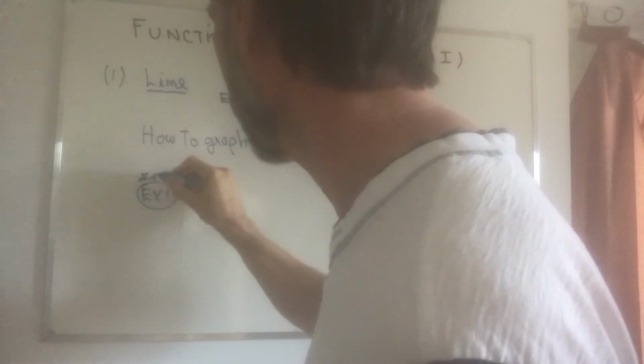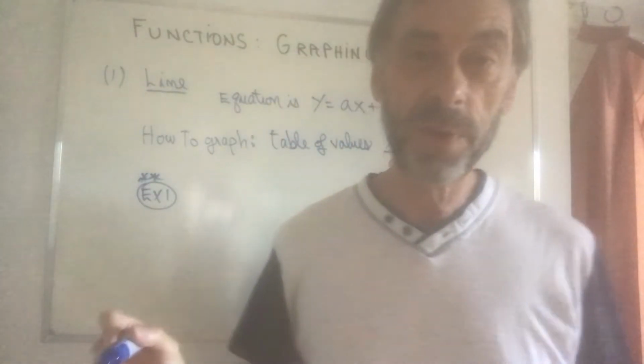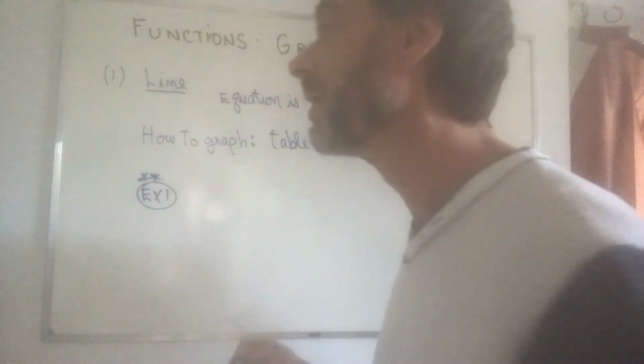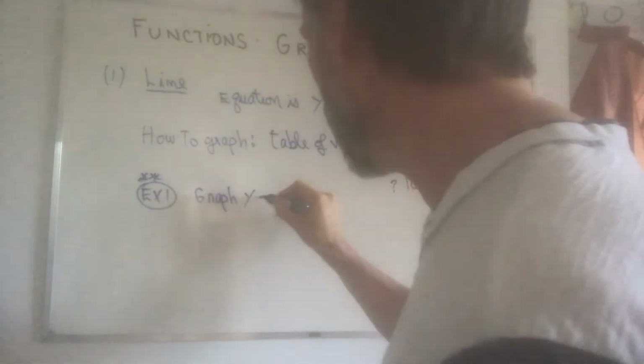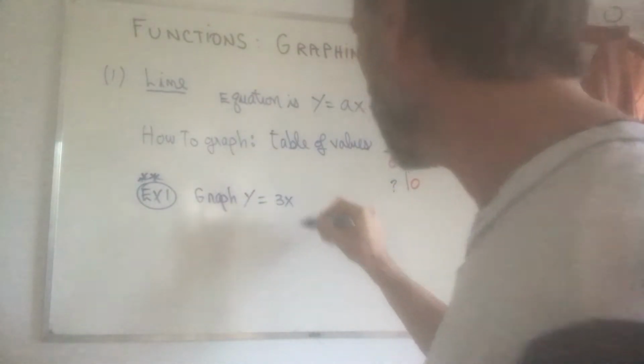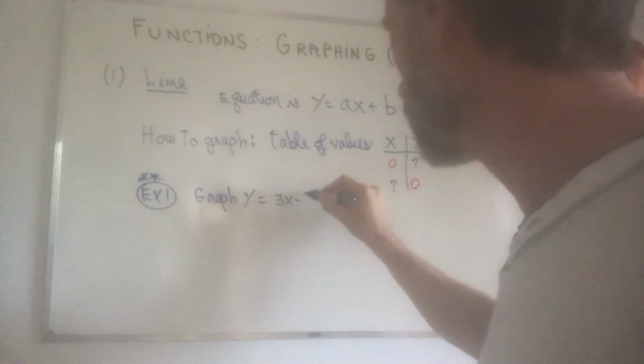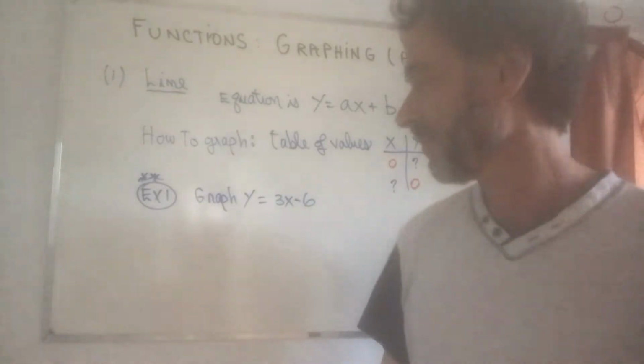Example 1. This is so simple that we're going to give it just 2 stars. So we have something like: graph y equals 3x minus 6. Right?